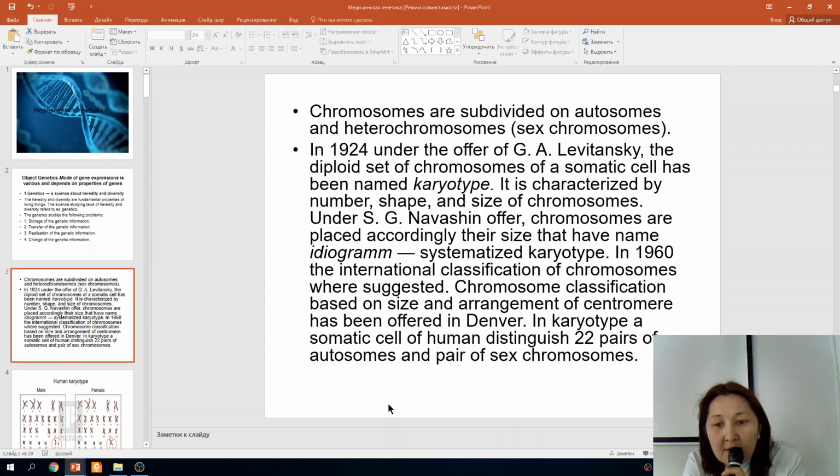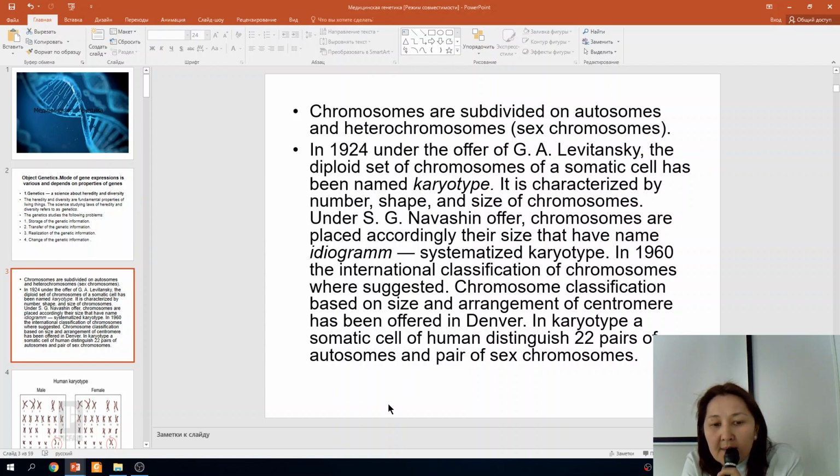Chromosomes placed according to their size are called an ideogram, a systematized karyotype. In 1960, the International Classification of Chromosomes suggested a chromosome classification based on size and arrangement of the centromere, offered in Denver.